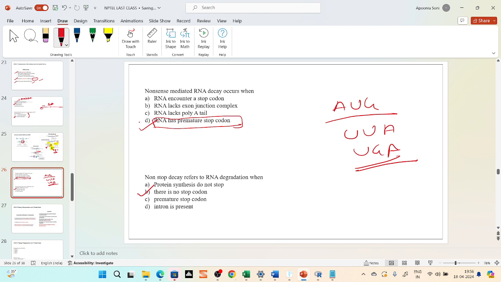Likewise, nonsense decay means RNA has a premature stop codon. Non-stop decay means protein synthesis does not stop at all. In nonsense, protein synthesis stops at a premature time. In non-stop, protein synthesis is not stopping at all, and in no-go, the ribosome is stalled at the point.